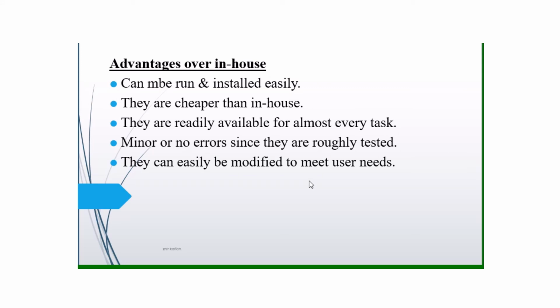The qualities of these standard software over the in-house developed are: they can be run and installed easily. They are cheaper than in-house. They are readily available for almost every task. They have minor or no errors since they are thoroughly tested, and they can easily be modified to meet your user needs.